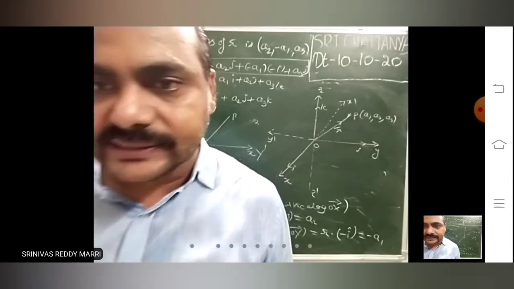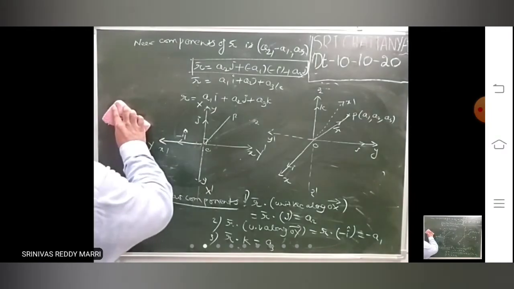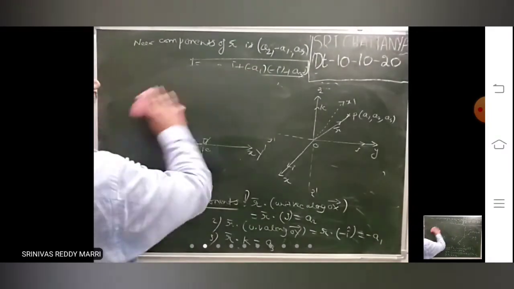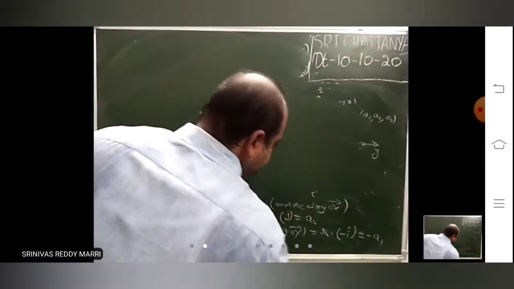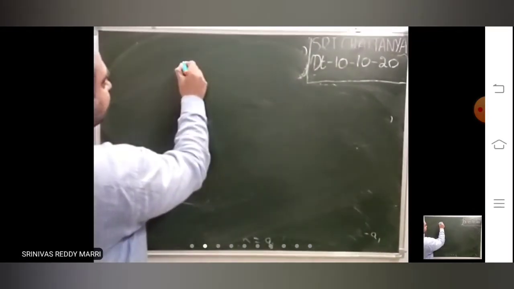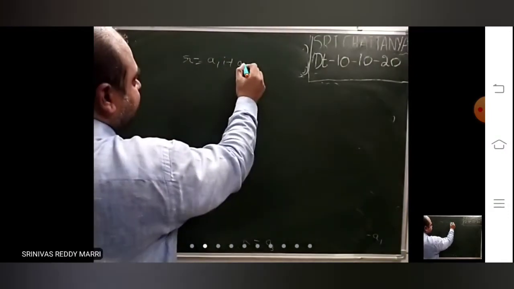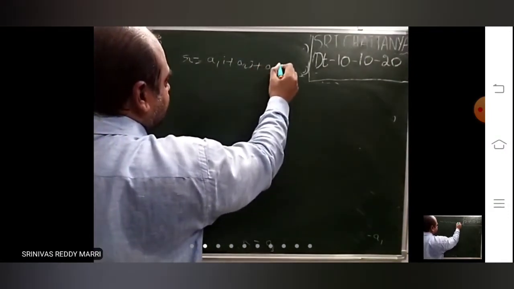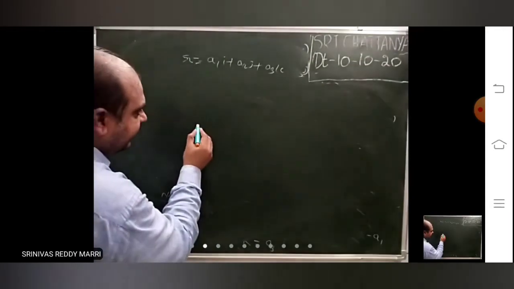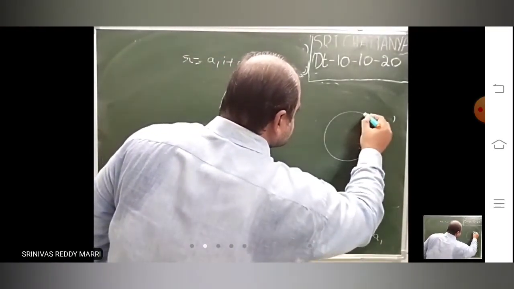Find the new components. The given vector is A1 I plus A3 K.